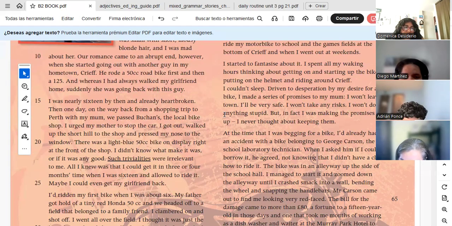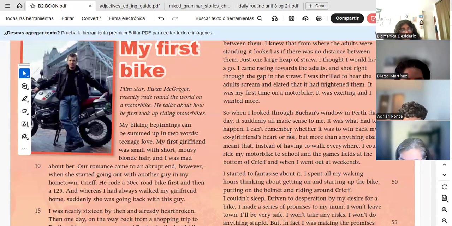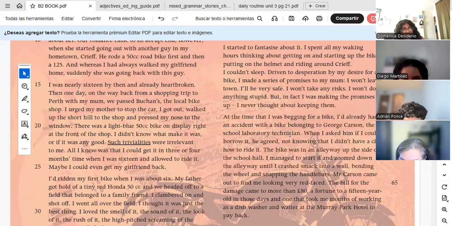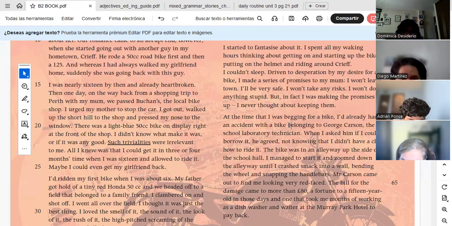But in fact, I was making the promises up. I never thought about keeping them. At the time that I was begging for a bike, I already had an accident with a bike belonging to George Carson, the school laboratory technician. I asked him if I could borrow it.